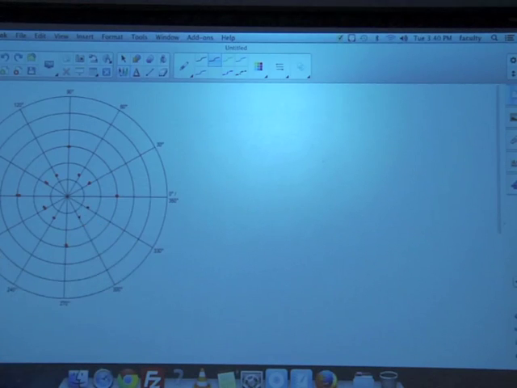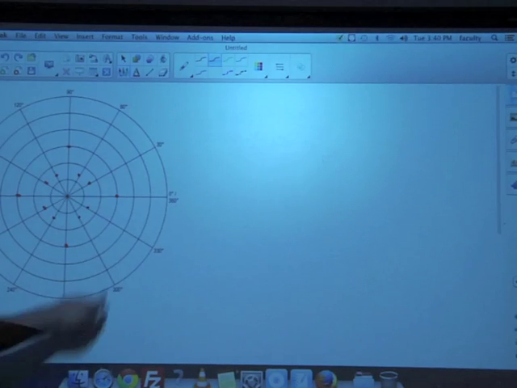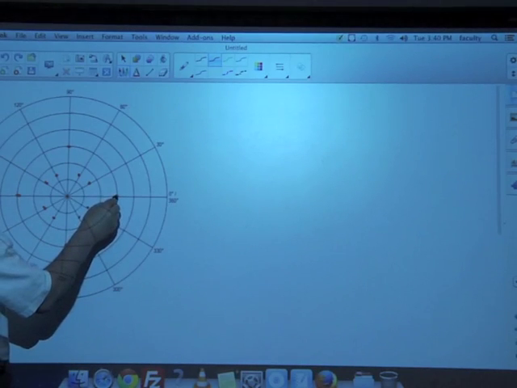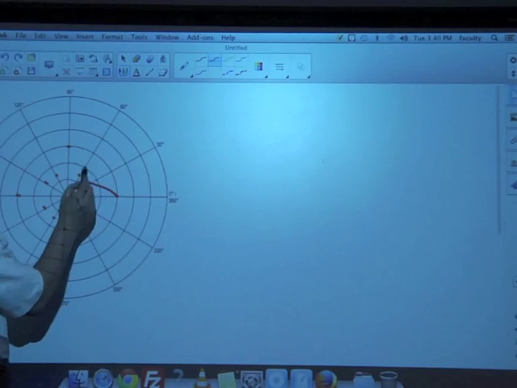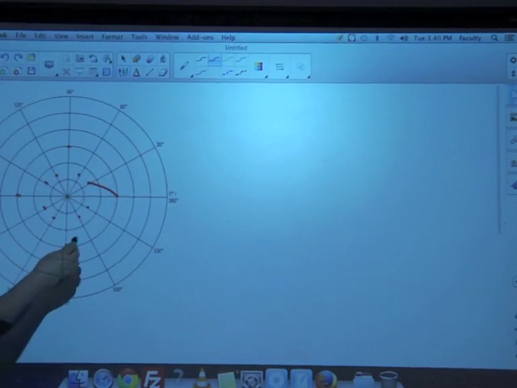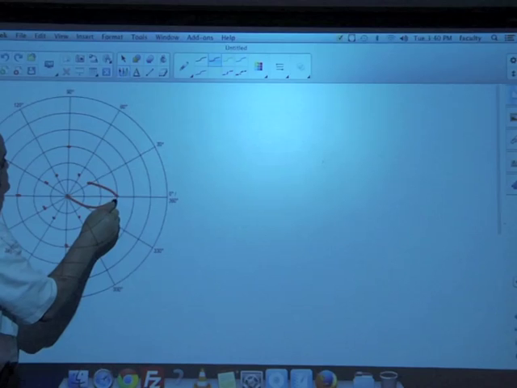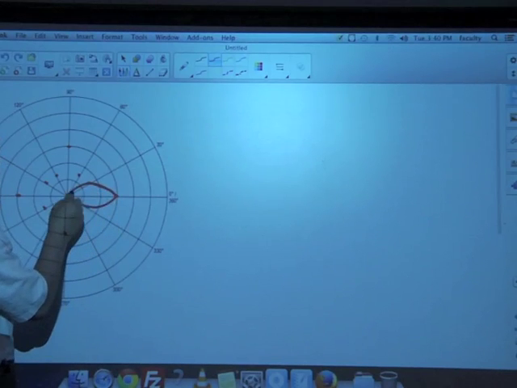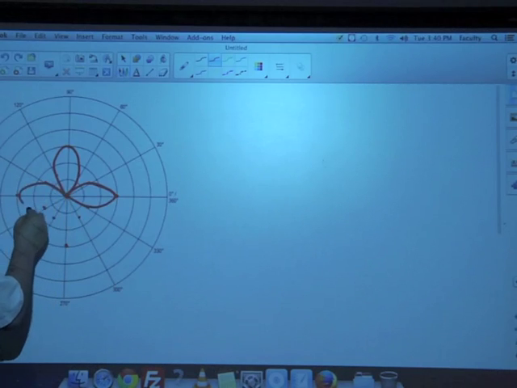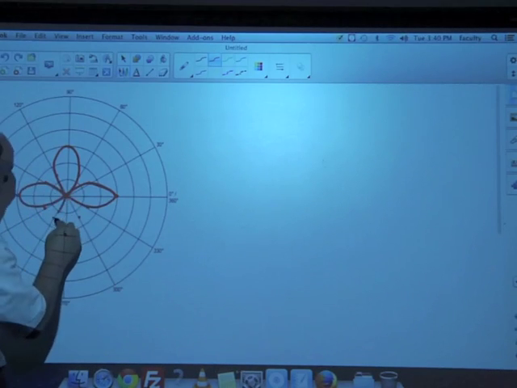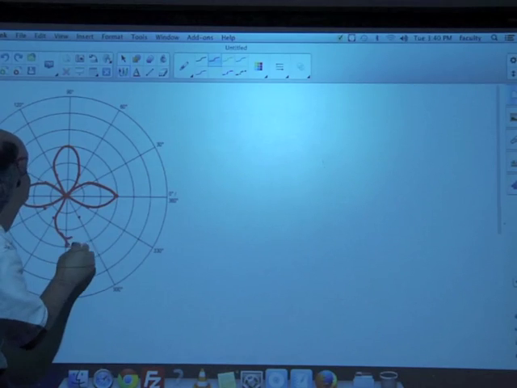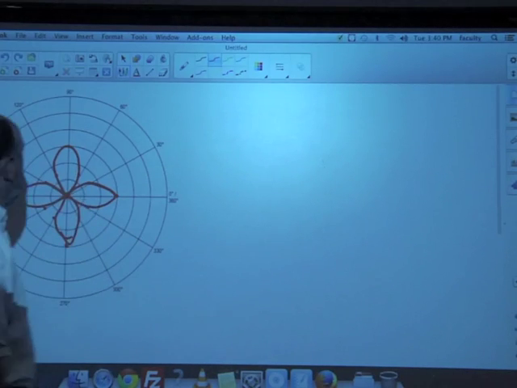All right, 360. So we started at 0, which was 3, right? And then we went to 1.5, and we end up, if we graph it, with that.